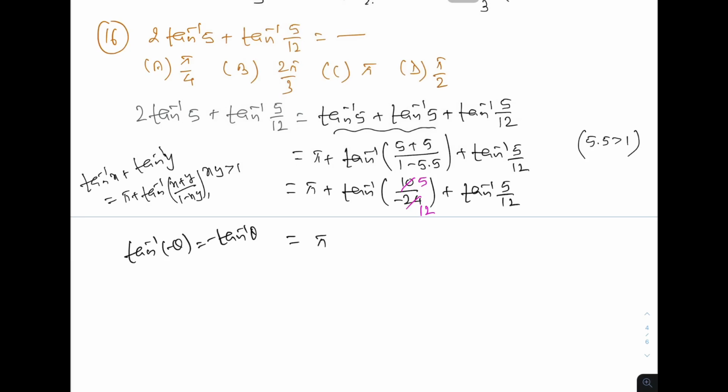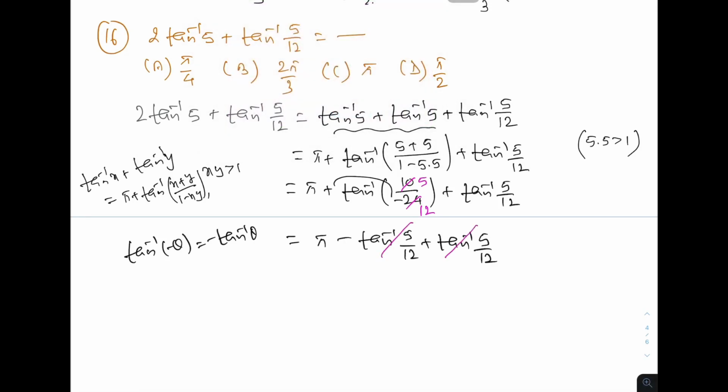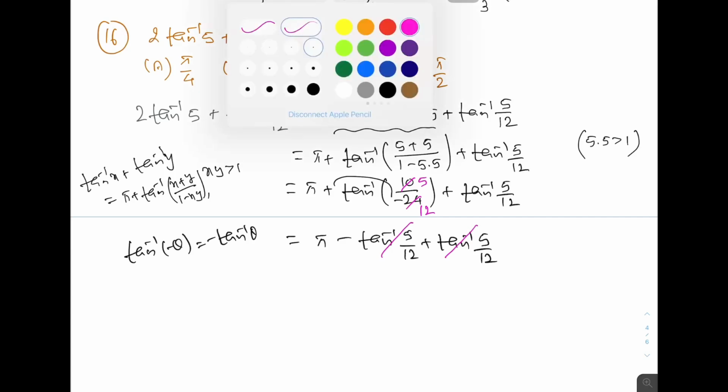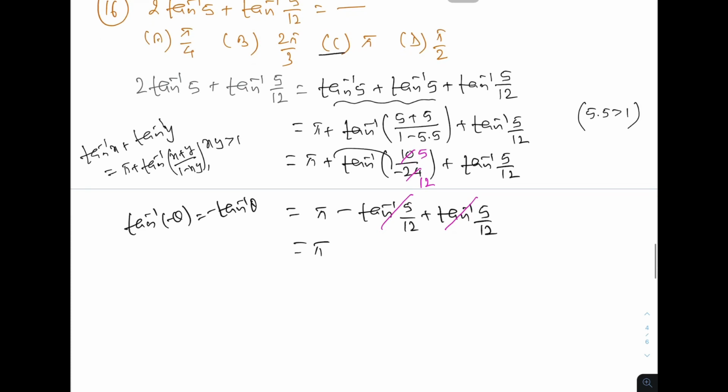So this is a minus sign also. So minus tan inverse 5 by 12 plus tan inverse 5 by 12, and so these two cancel, so the remaining part is pi. So the answer is pi.